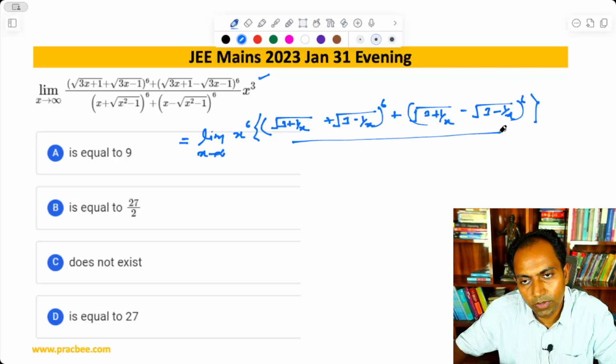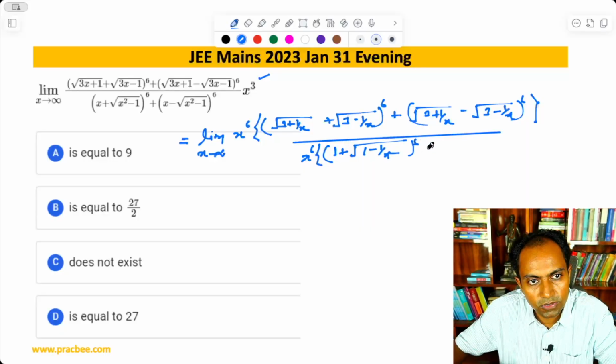And from the denominator, again x raised to the power 6 can come out as common. This becomes nothing but 1 plus root of 1 minus 1 by x square raised to the power 6, plus 1 minus root of 1 minus 1 by x square raised to the power 6.